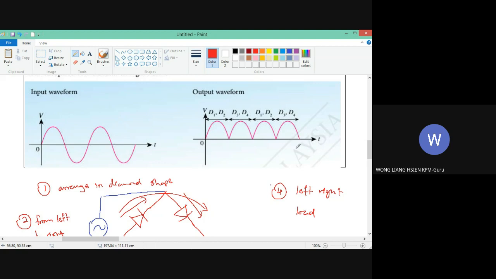So it can shorten the lifespan of the electronic device.